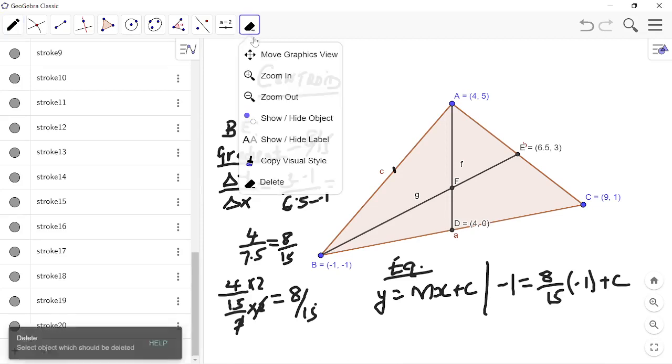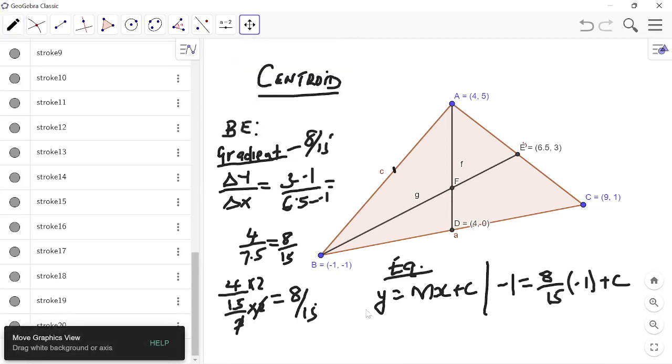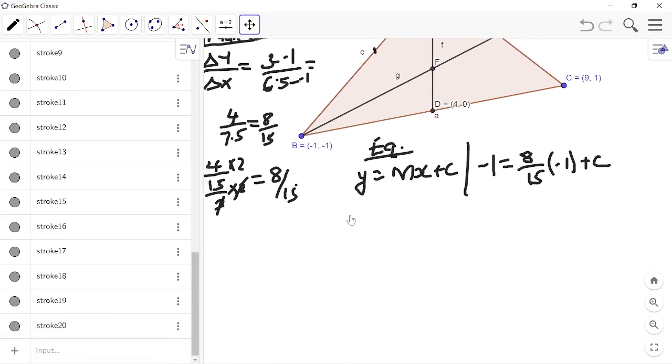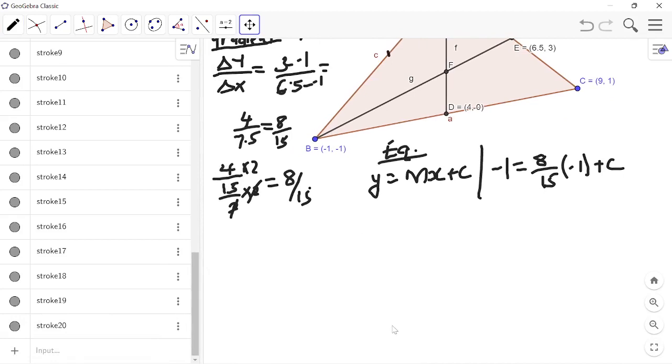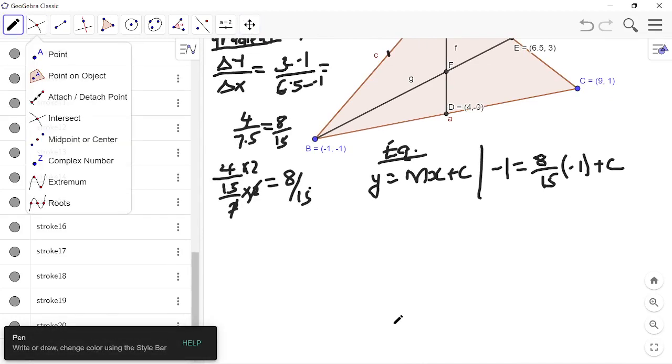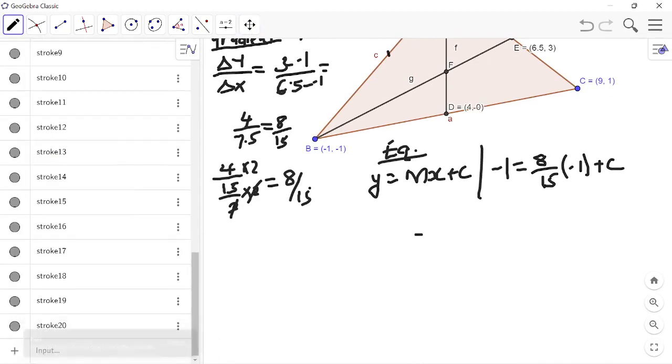When 8 over 15 is multiplied by negative 1, you get negative 8 over 15. So you bring it on this side. What eventually happens is that you get negative 1 plus 8 over 15, which equals c.